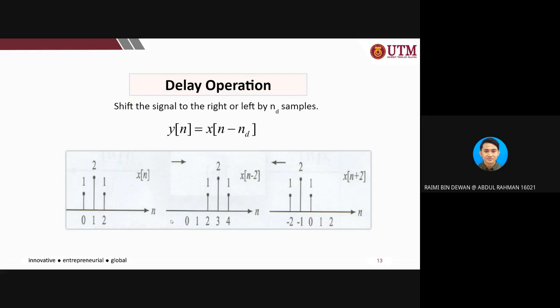So here, for example, n=0 shifted by 2 means at n=2 we have a value of 1, at n=1 we shift to 3 and will have a value of 2. So that's why here you can see at 2 we have an amplitude of 1, and at 3 we have an amplitude of 2, and so on.